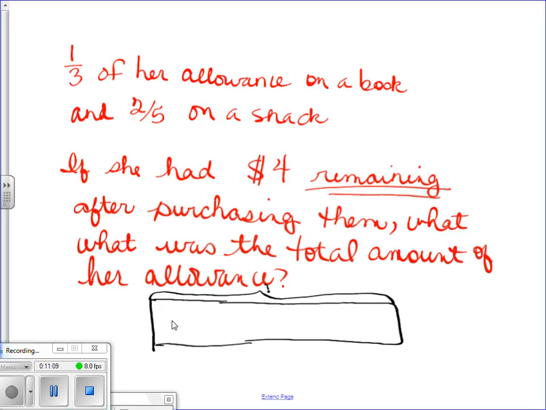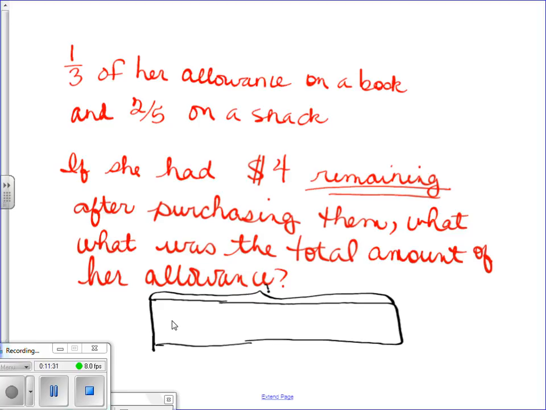Yes, ma'am. Okay, well, I could do it in fifths, but how would that help me with thirds? See, so that wouldn't really help me there. Okay, so what can I do here? 15ths, because that's a common denominator. So it's really hard to put it in 15.